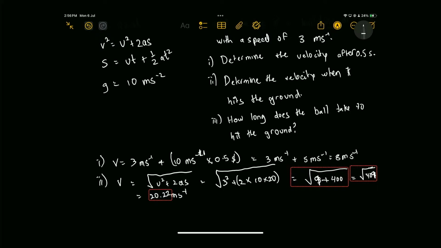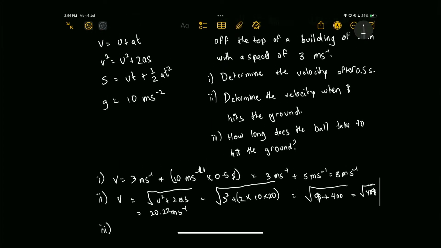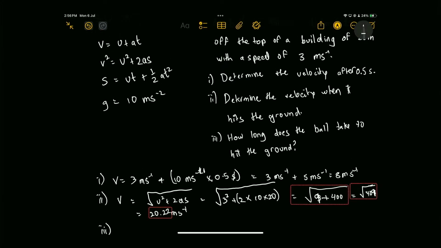Right. And for part 3, we need to determine the time when it hits the ground. Knowing our answer for part 2, we could substitute v into the first equation and determine the time. But if we made any mistake in our calculation in part 2, we would get the answer wrong for part 3 as well.